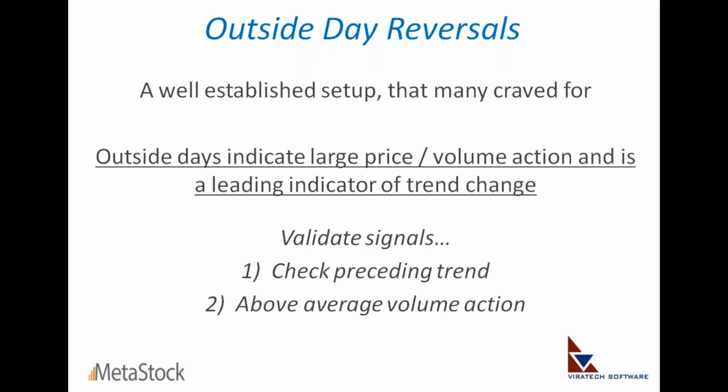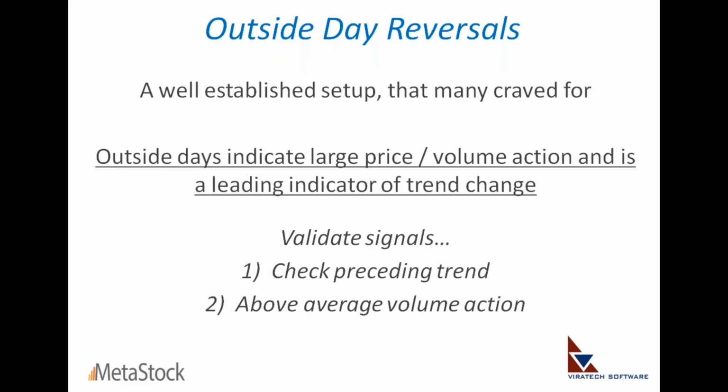And of course, if these reversal bars or these outside day reversals are coupled with above average volume, that certainly adds weight. Is it mandatory? No. But if you do have it, like any other signal, if it's coupled with above average volume, it is definitely more valid as a signal. Now, all of this can be scanned for automatically.